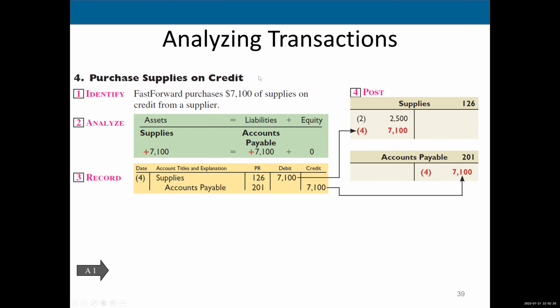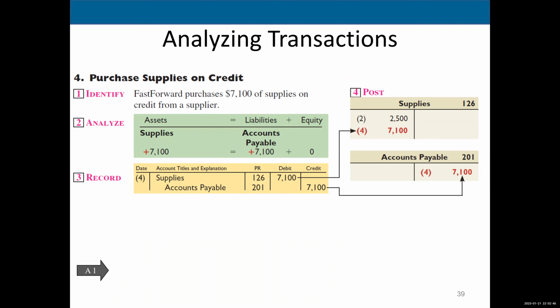Number 4, purchase supplies on credit. Fast Forward purchases 7,100 of supplies on credit from a supplier. So what does that mean? We bought the supplies, but we told the guy, I'll pay you later. So we're going to owe it, right? That's what it means on credit.